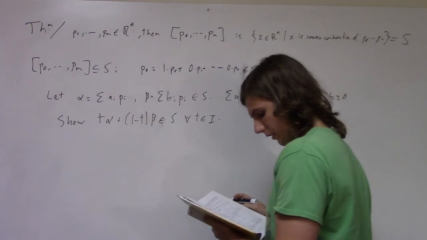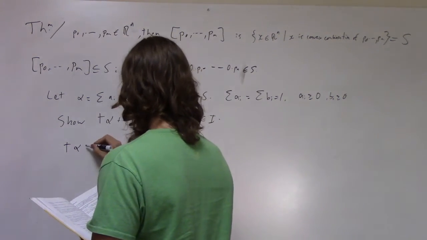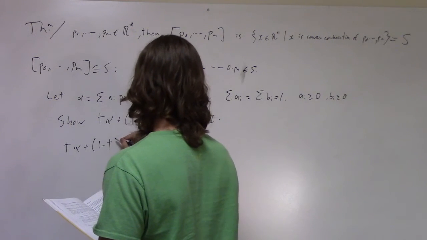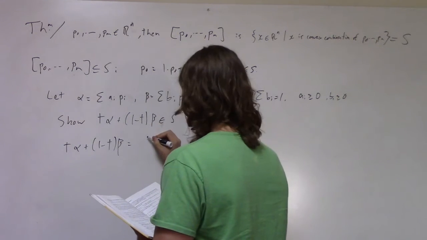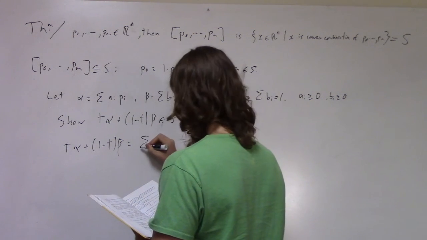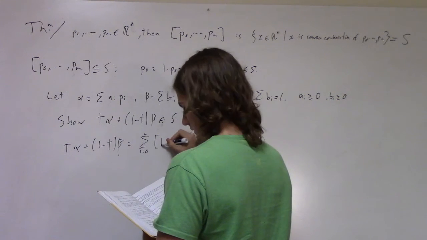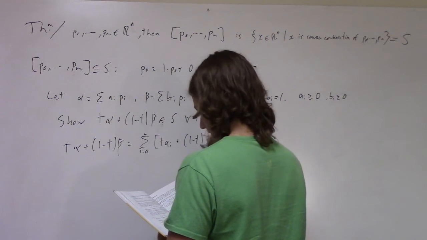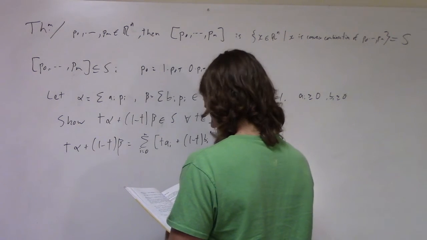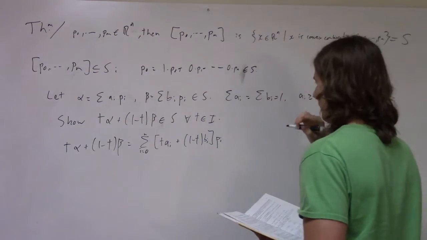He writes it out as a sum, using the definitions of alpha and beta, in terms of the combination. So you can write it as the sum from i equals 0 to m of (t a_i plus (1 minus t) b_i) times p_i.